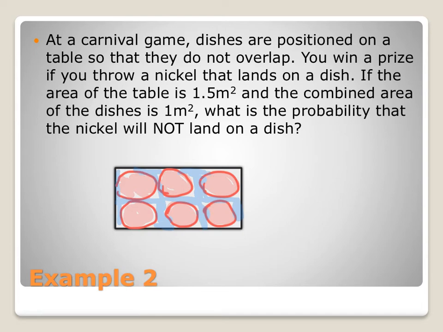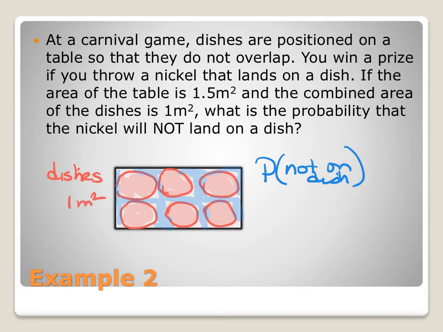So what we're trying to do here is find the probability of not on a dish. So I need to figure out what is the area of that blue section. I knew the area of the red, the dishes, is 1 meter squared.